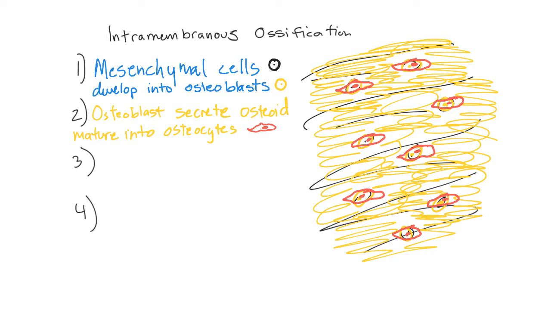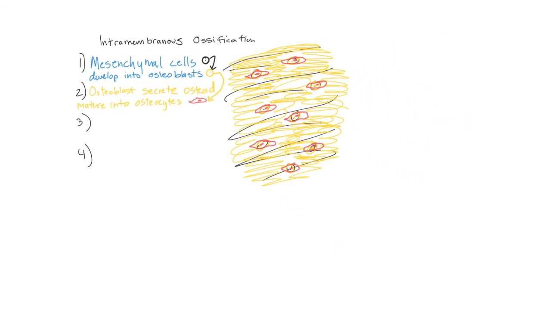So our mesenchymal cells become osteoblasts. Our osteoblasts become osteocytes. This is what's happening at the cellular level, but we need to zoom out.